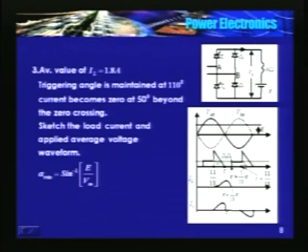Okay. So if you see here, current starts increasing from 110 degrees because you have triggered the thyristor, and becomes 0 at 230 degrees, the load current.